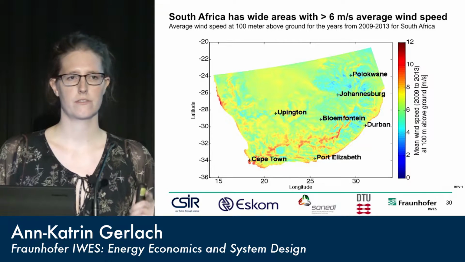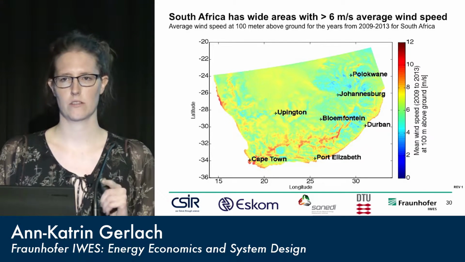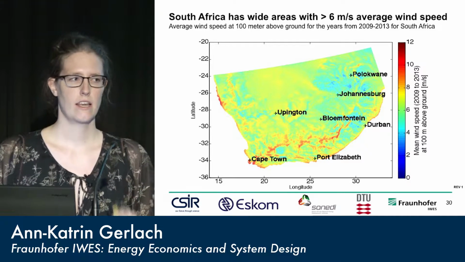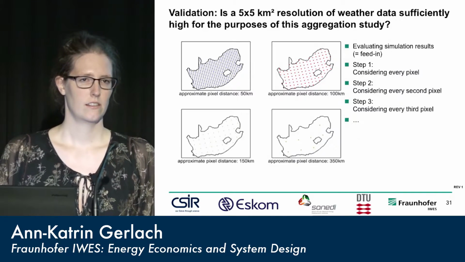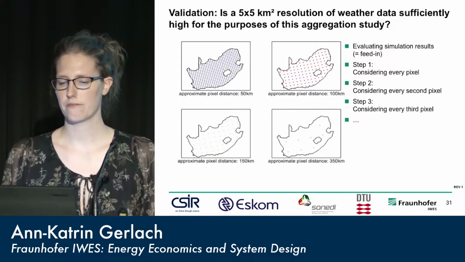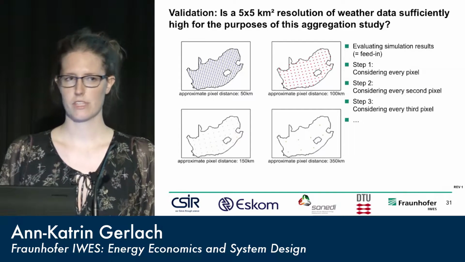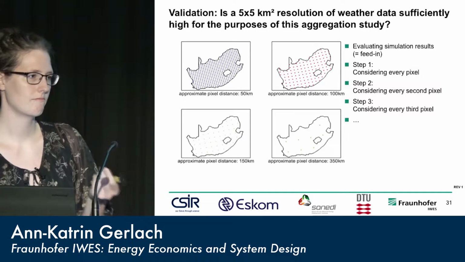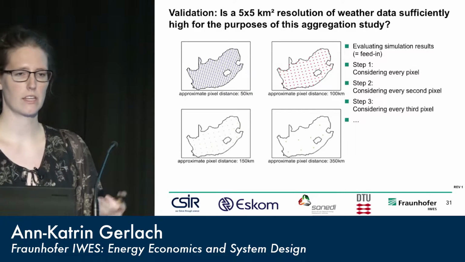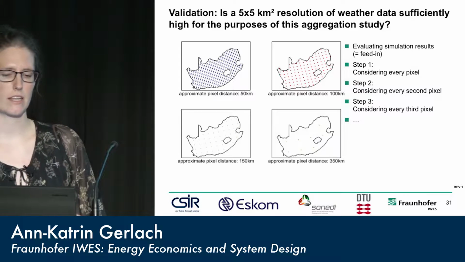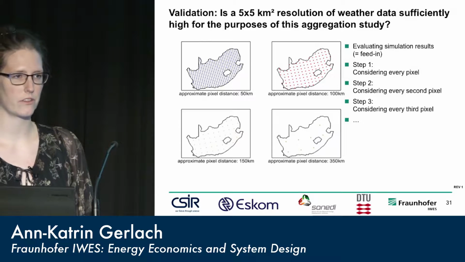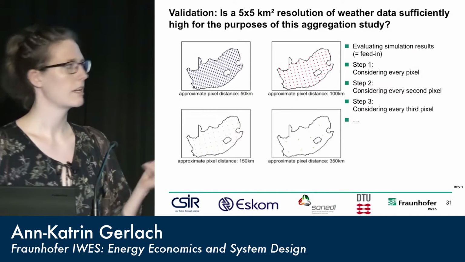Still, we only got a 5 times 5 kilometers grid, and we wondered if this resolution is enough. To check this, we couldn't get a smaller resolution, so we did the other direction and looked for a coarser resolution and how the results change.